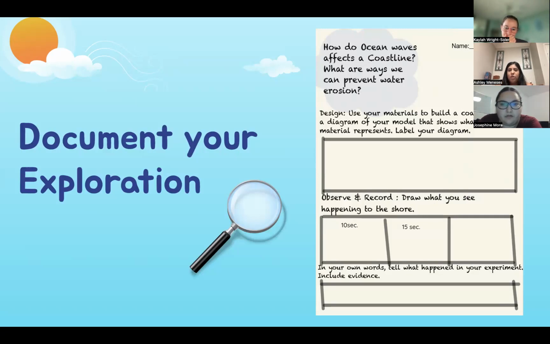In the second part, you're going to observe and record your observations. Draw what you see happening to the shore when you do the experiment for 10 seconds, for 15 seconds, and continuously. In the last section, you're going to write a couple of sentences in your own words to tell what happened in your experiment and include evidence. Remember to use specific examples.